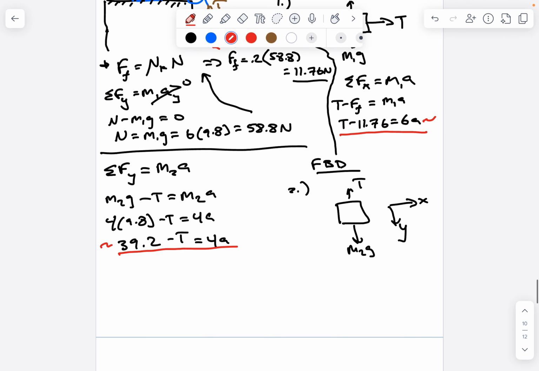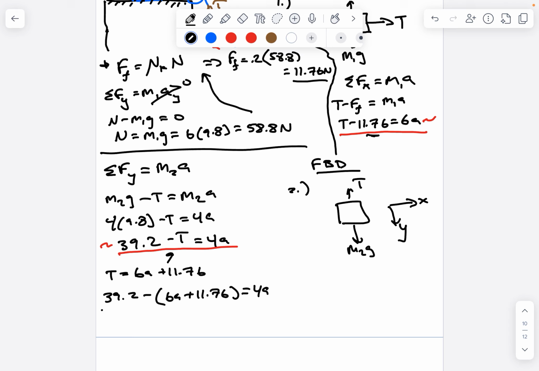Now, using basic substitution, we can rearrange these equations to solve for T and a. So let's go ahead and do that. I'm going to rewrite this equation first: T is equal to 6a plus 11.76. I'm going to plug this into here. So I'll have 39.2 minus 6a plus 11.76 is equal to 4a.